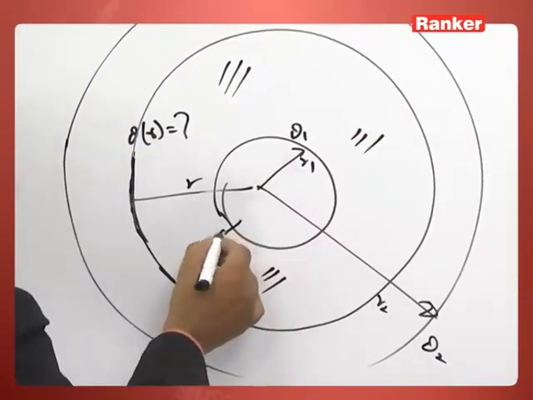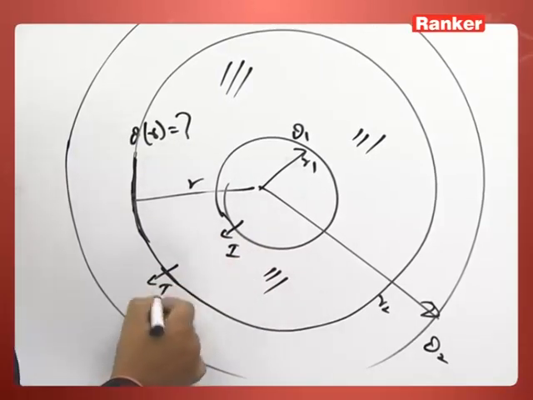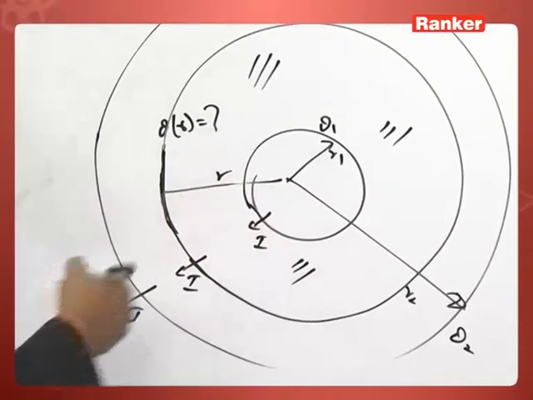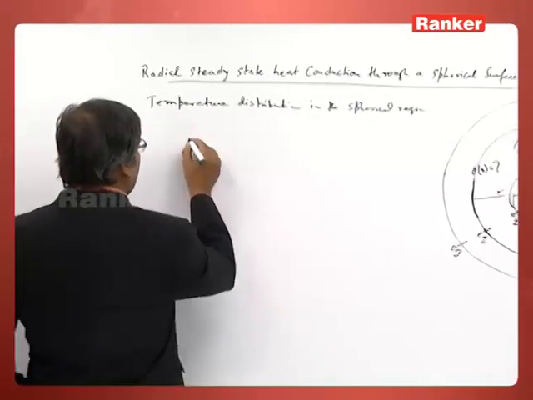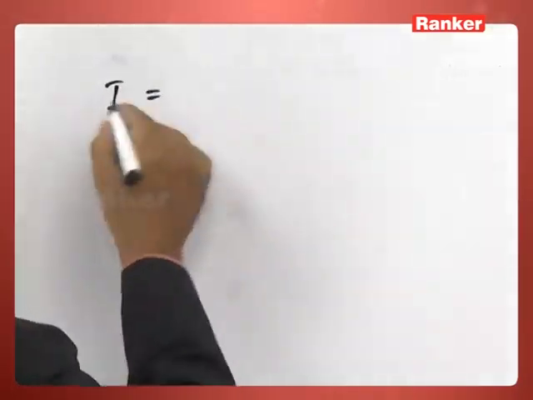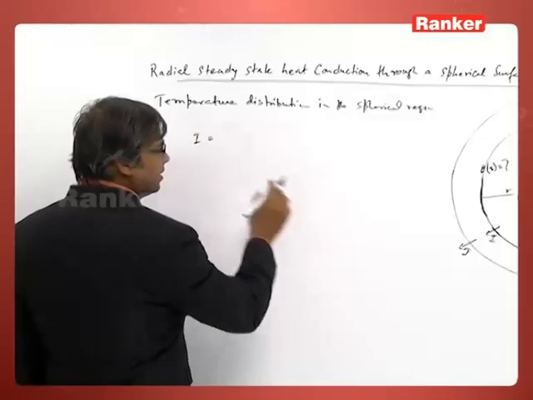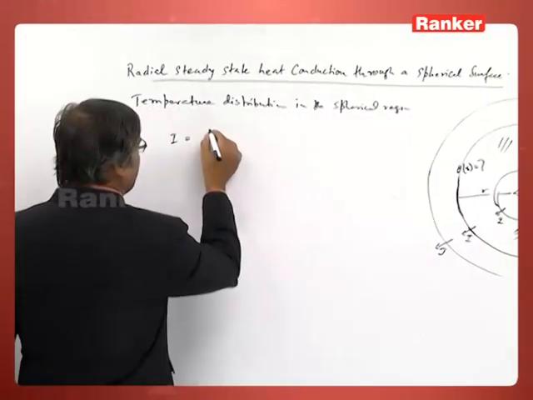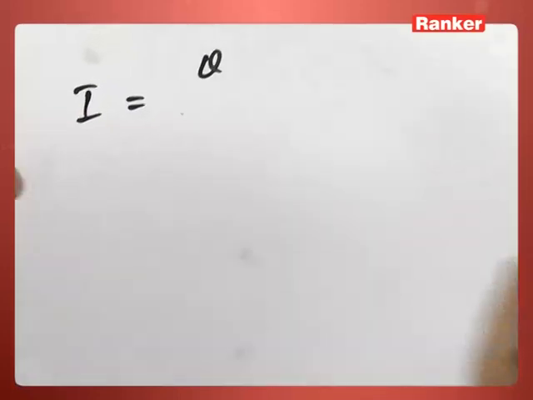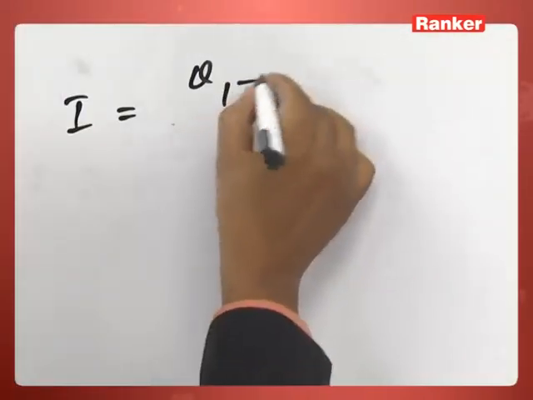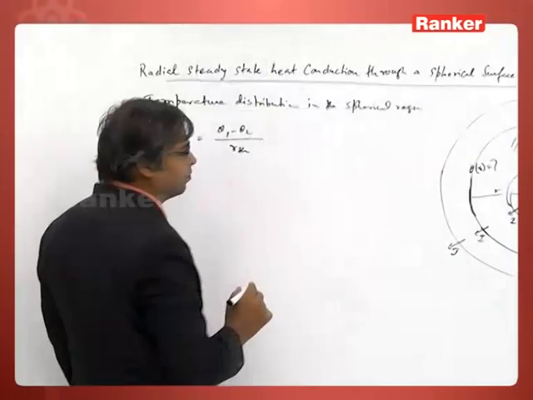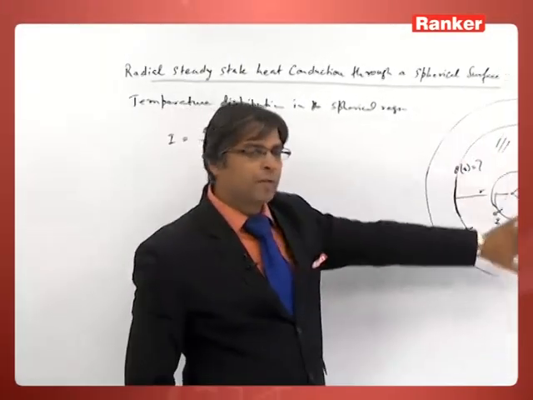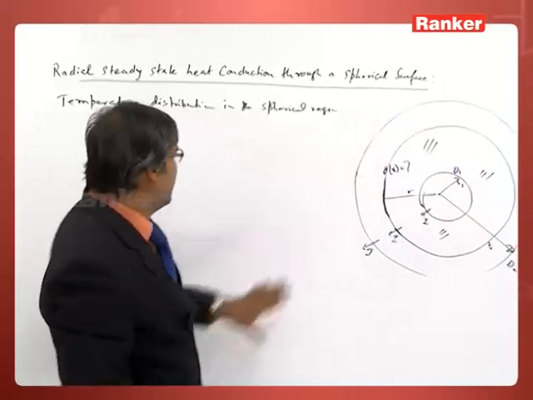Now you see, heat current I is the same at steady state at all the cross sections. So, now I will use the formula that the steady state heat current I is equal to heat flowing from theta 1 to theta 2 divided by R_TH, the thermal resistance of the whole spherical region.